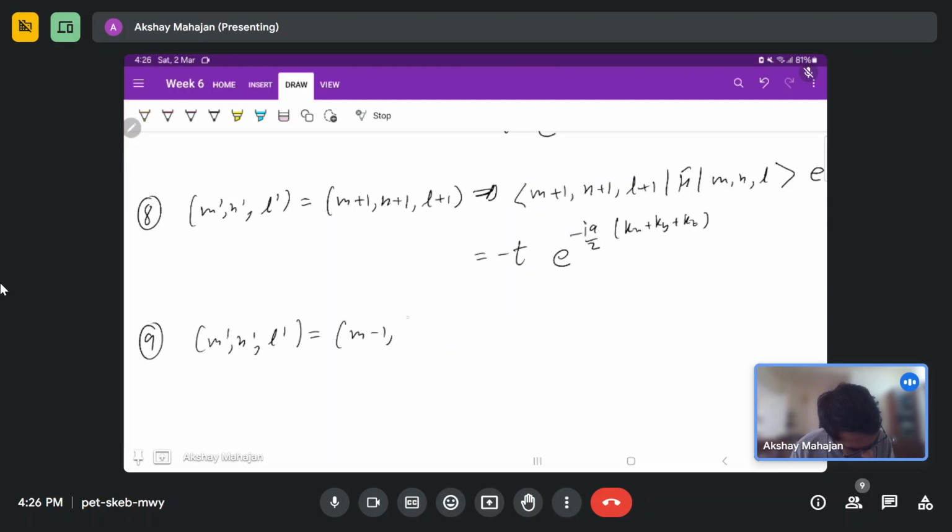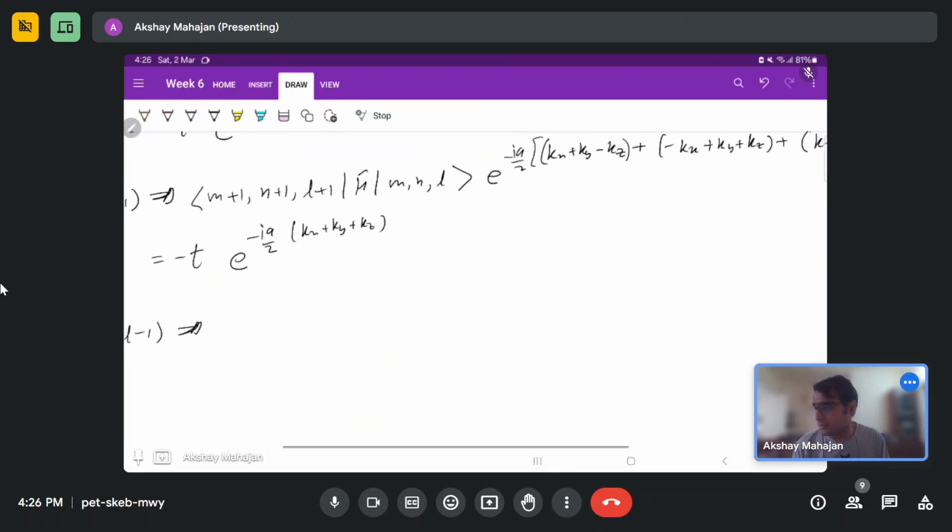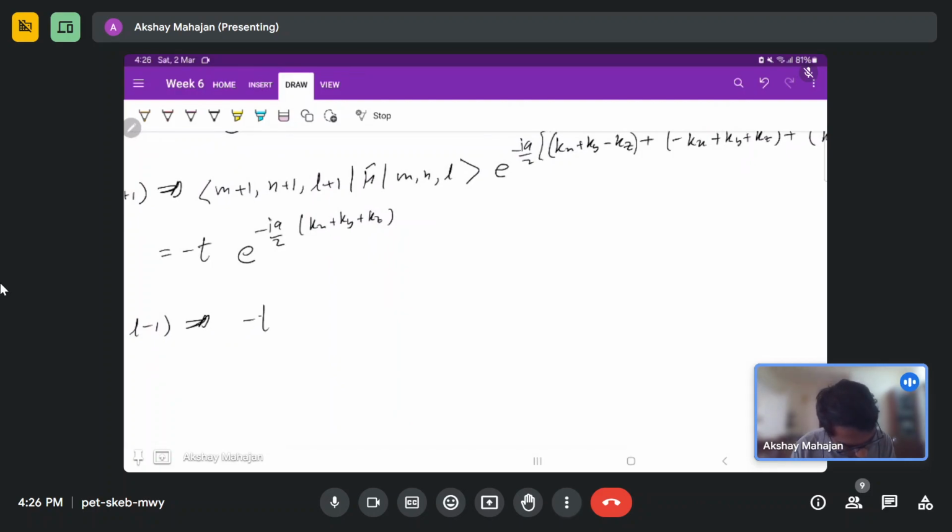Right. And then the last ninth term, which will be for our last neighbor, which has the coordinates m minus 1 comma n minus 1 comma l minus 1. So for that I am just writing now the direct answer. So we know that there will be a hopping term, so let me just complete it. H cap m comma n comma l, and then this will be just opposite to it.